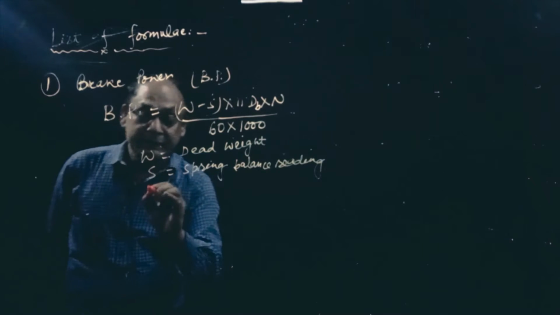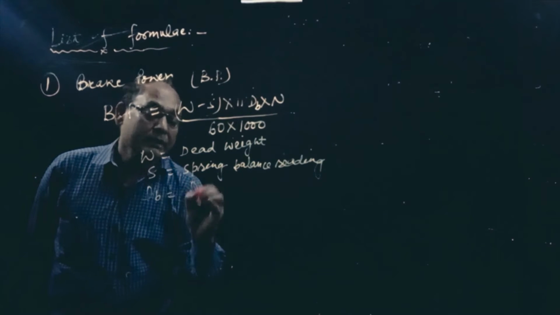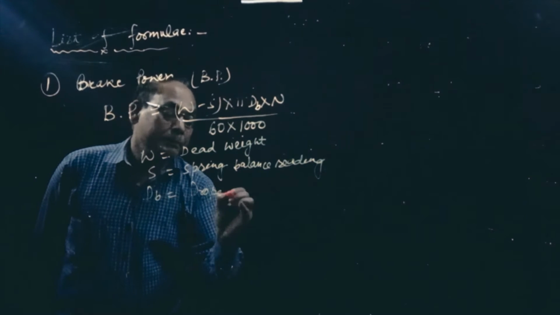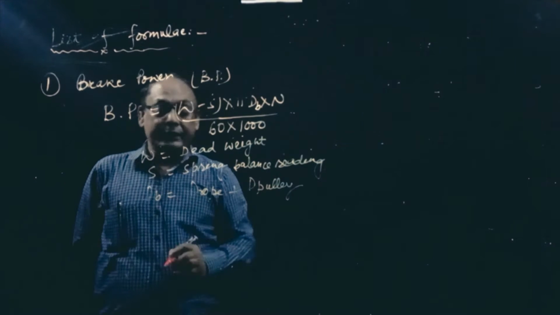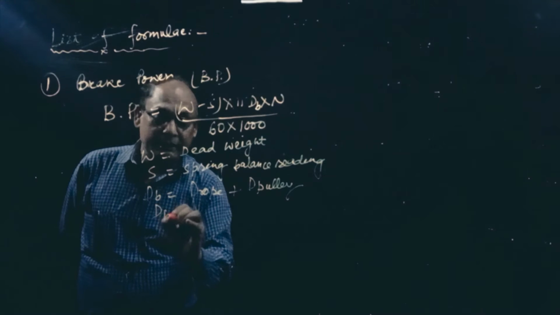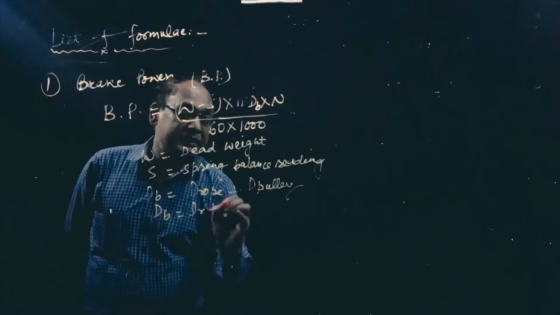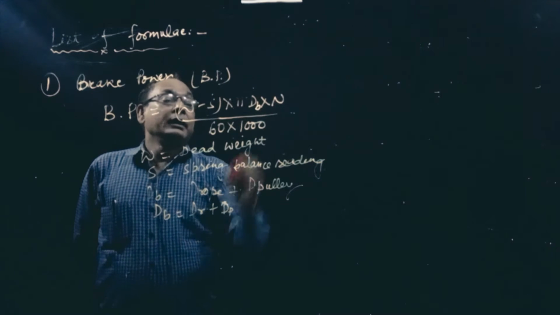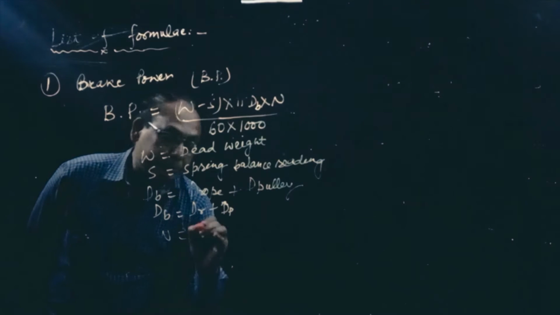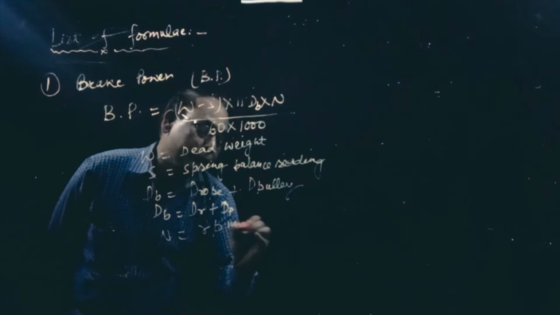and D brake is D rope plus D pulley, that is diameter actually. So dB we can say is dr plus dp, and N is RPM, revolution per minute.